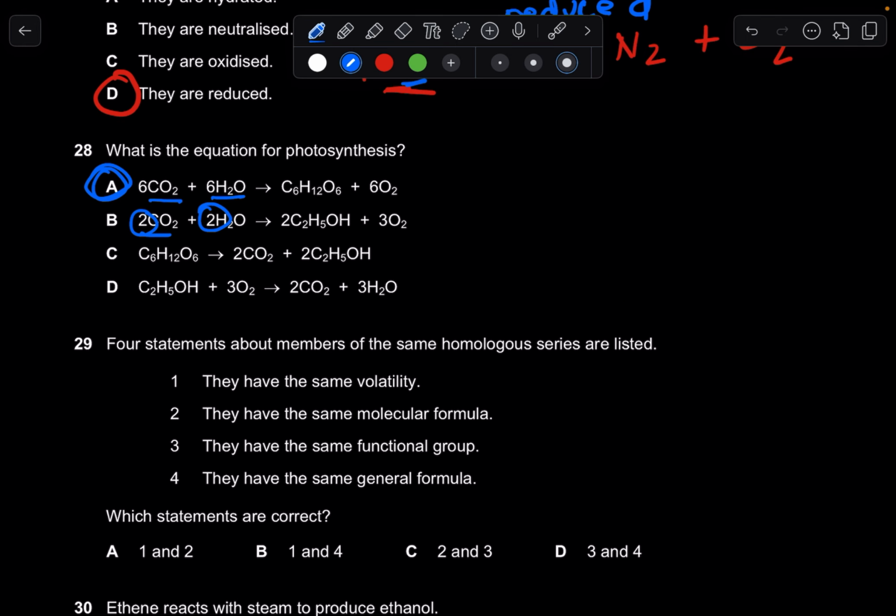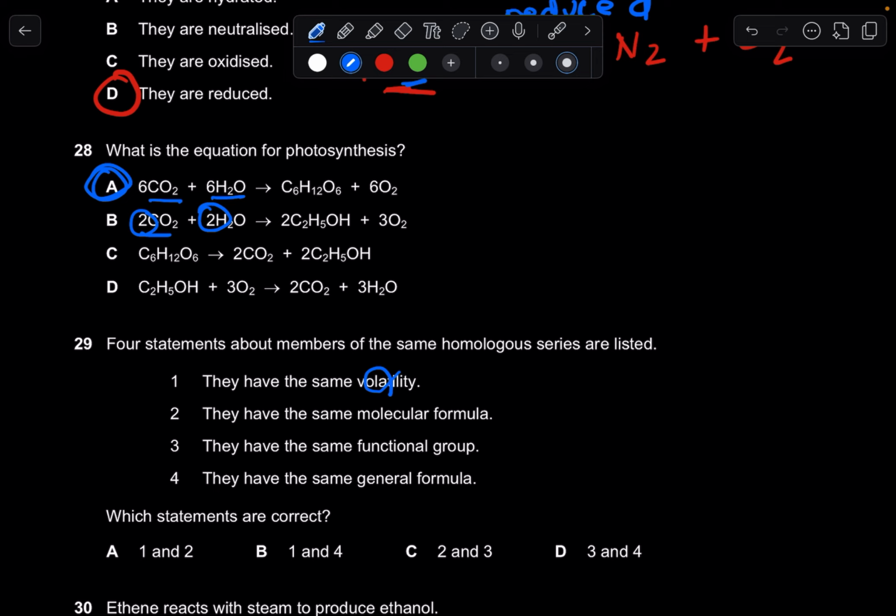Okay, four statements about members of the same homologous series are listed. They have the same volatility. No, as you go down the series, the volatility decreases. Sorry, I was thinking about viscosity. It's not viscosity, it's volatility.